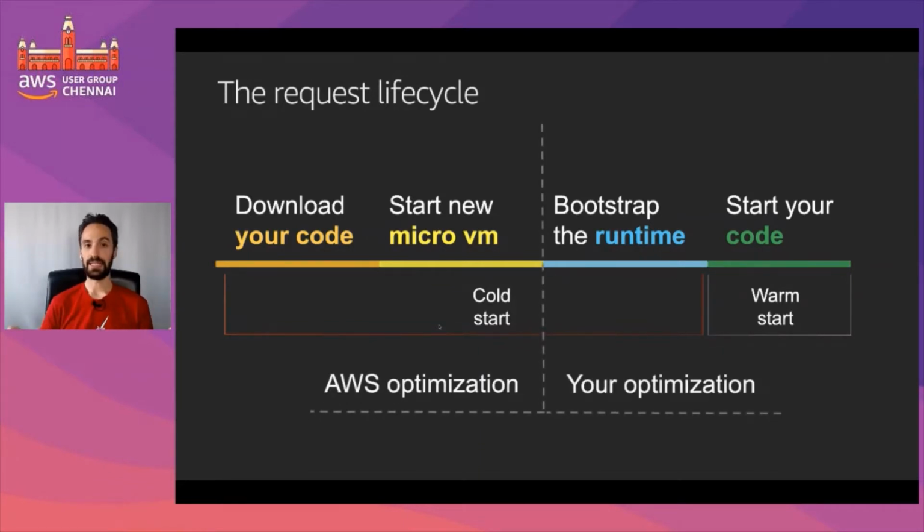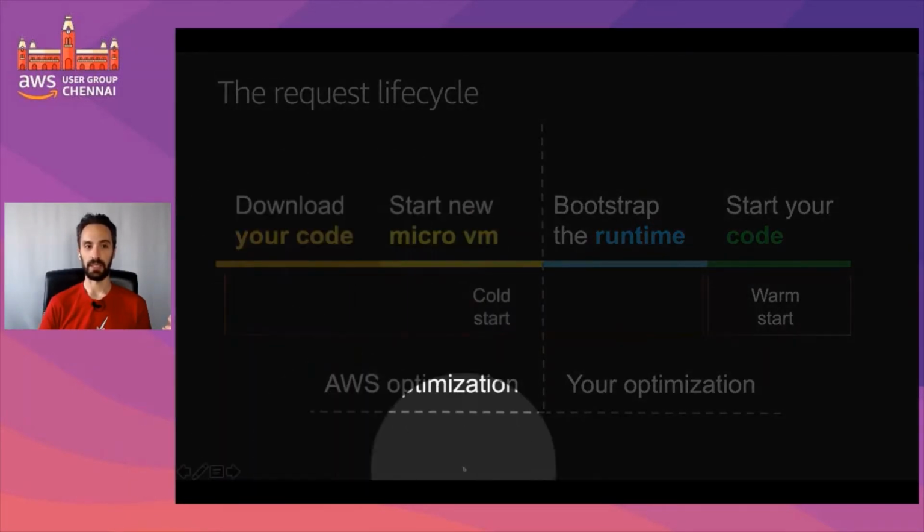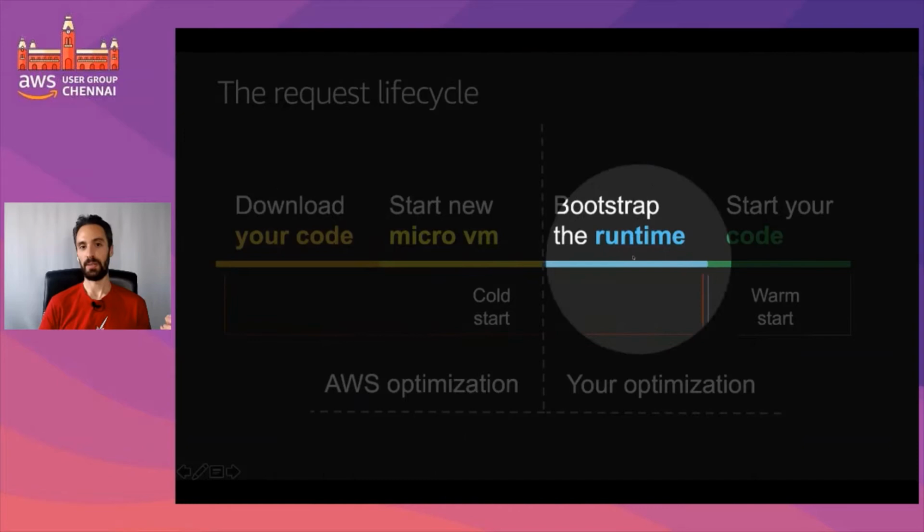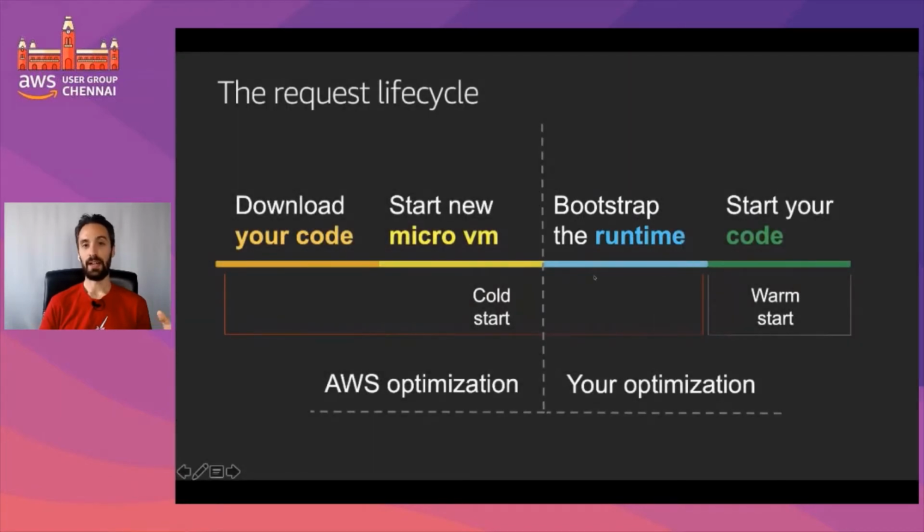Now, there are things that AWS is doing every single day to minimize the impact of this, and also the managed runtimes, actually. But there are a lot of things that you as a developer, we as developers, can do to optimize our serverless application. So today we will focus on the second, okay?